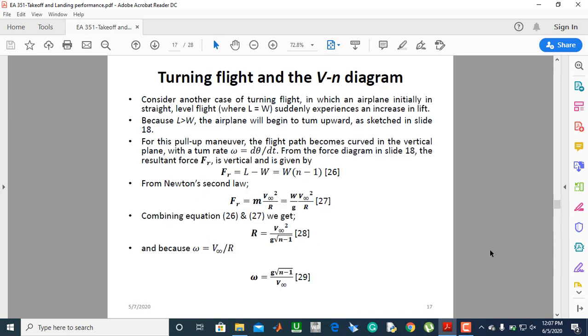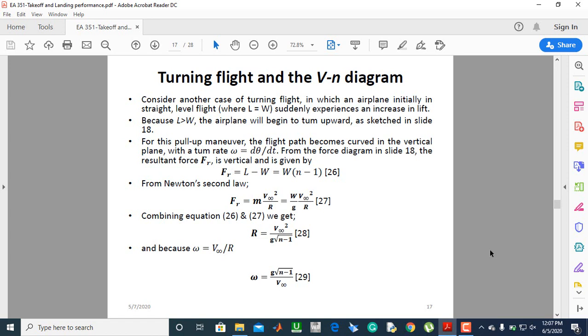So the resultant force will be given by equation 26. And from here, you can again try to divide through by W, so that you get the resultant force is equal to W open bracket N minus 1. And this resultant force is equal to mass times acceleration, but the acceleration in this case is the radial acceleration, which is equal to V squared over R.